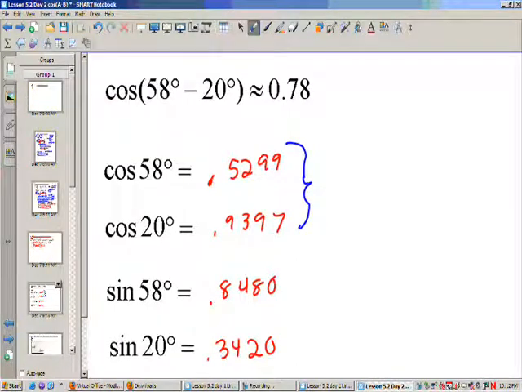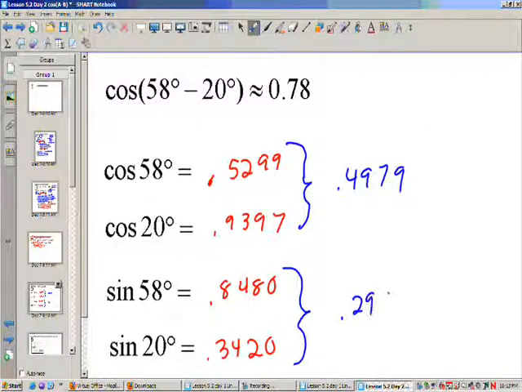Well, what if we multiply these two and then multiply these two? So 0.5299 times 0.9397 equals 0.4979. And over here we have 0.8480 times 0.3420, which is 0.2900.